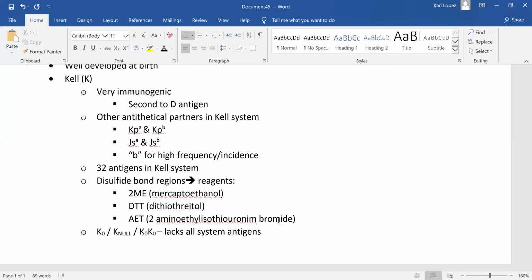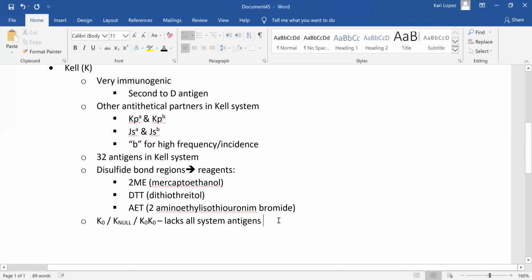So they won't have any of the Kell system antigens. Exactly. So you know how it says right here that there's 32 antigens in the Kell system? They don't have a single one. Not Kell, not Cellano, not KPA, not KPB, not JSA, not JSB, and not any of the others either.